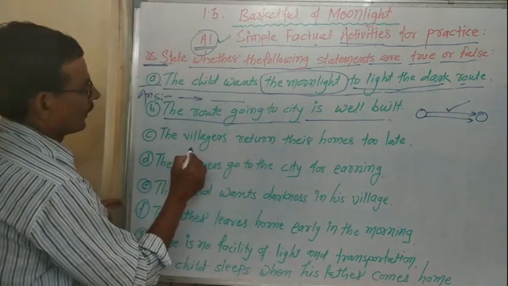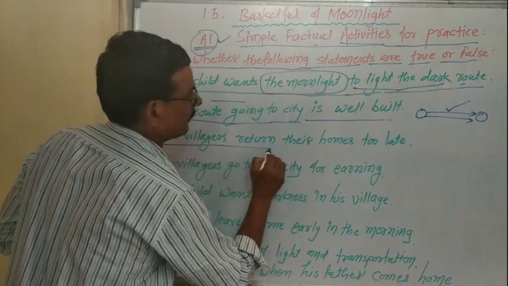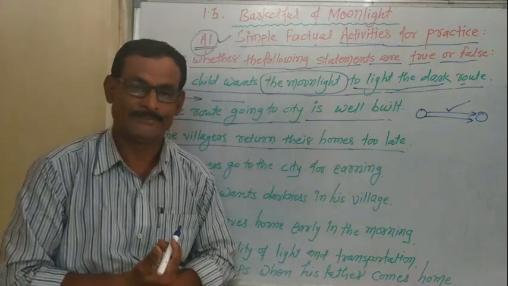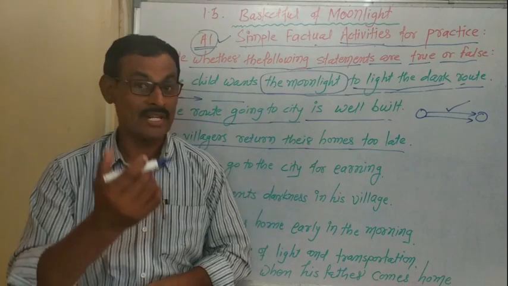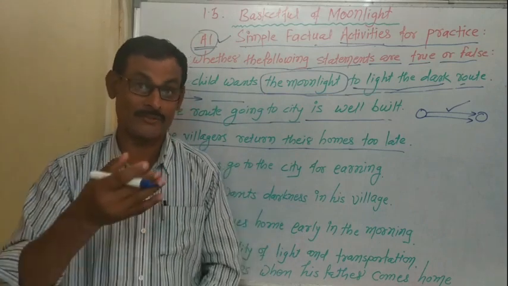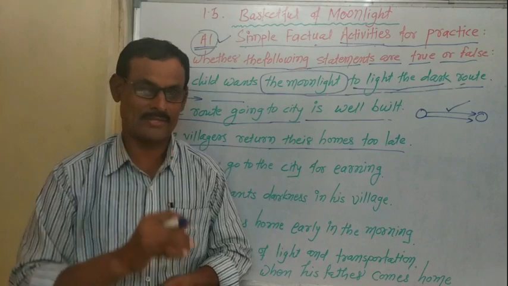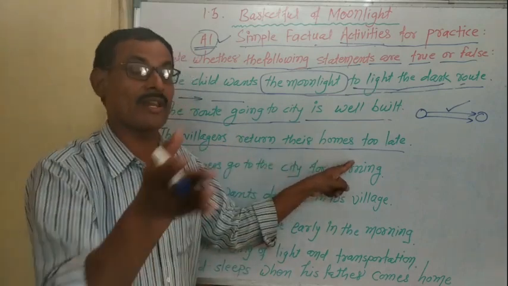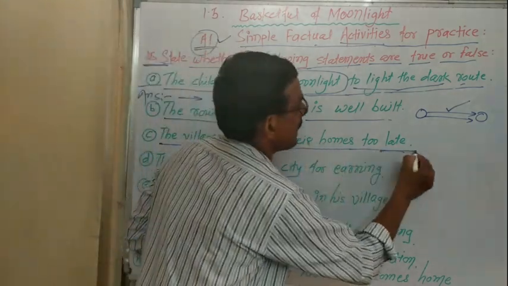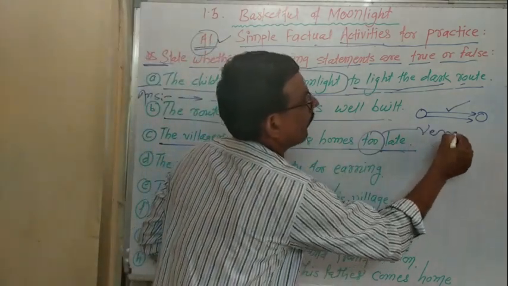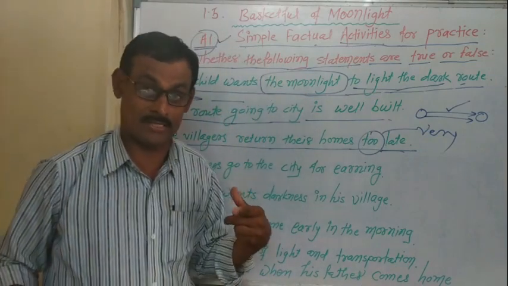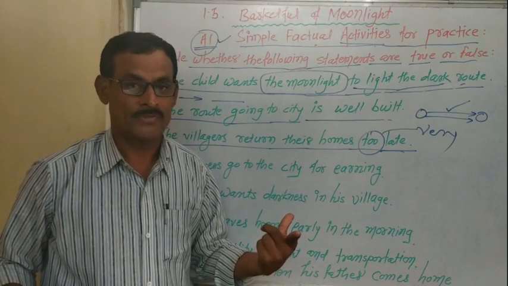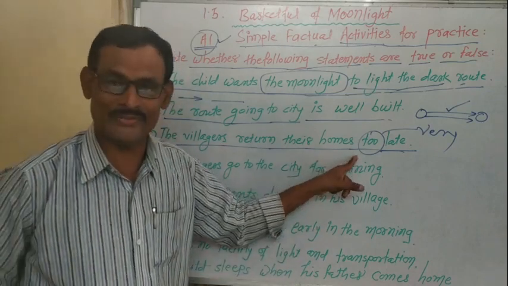Next one. The villagers return to their homes too late. Yesterday I told you that the villagers and the child's father return to their village too late. Too means very. Very late they return to their houses. Check out whether the statement is true or false.